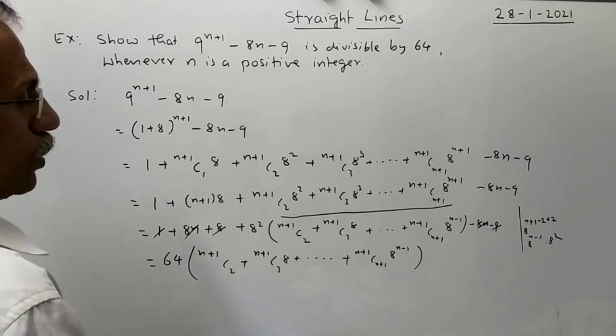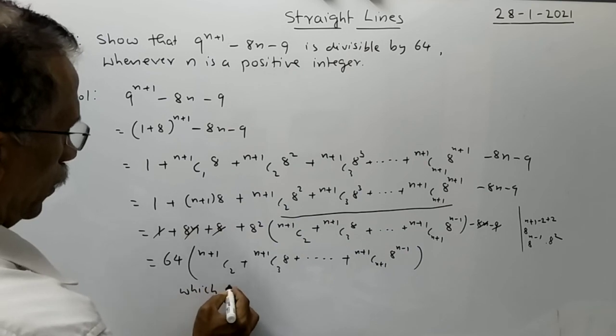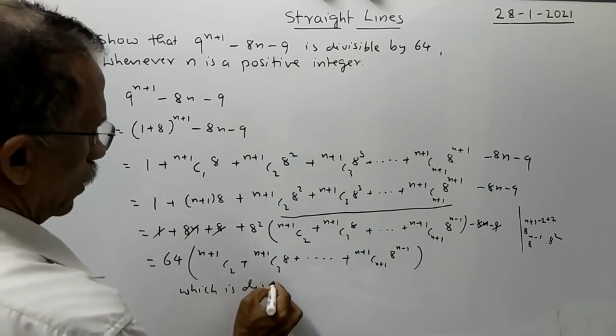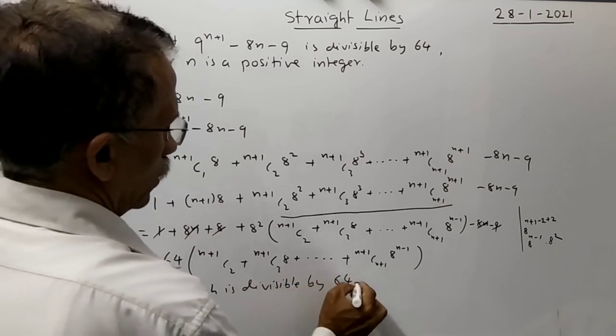Now we have got 64 into something, which is divisible by 64.